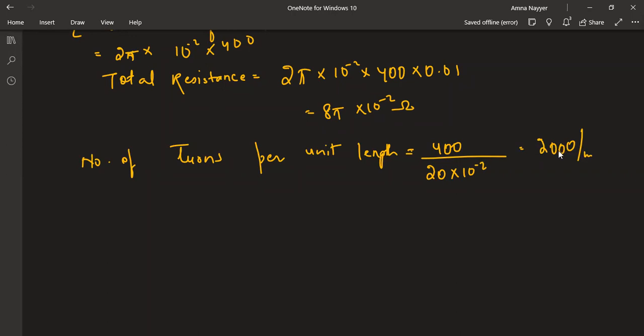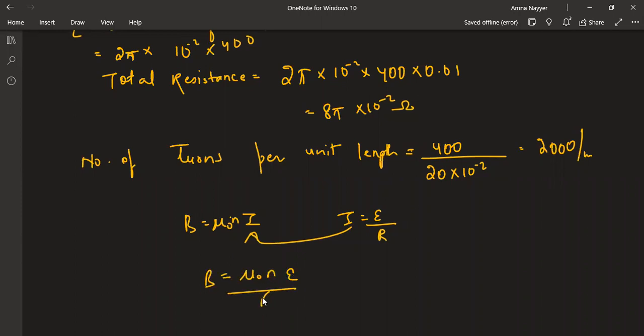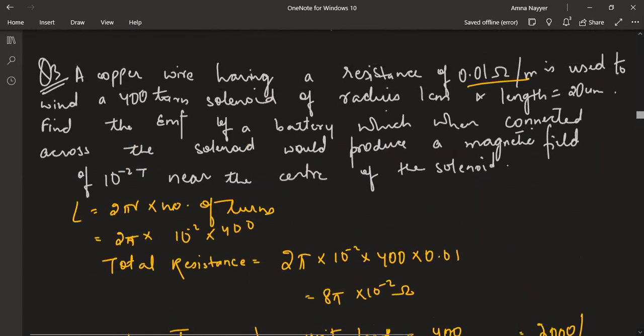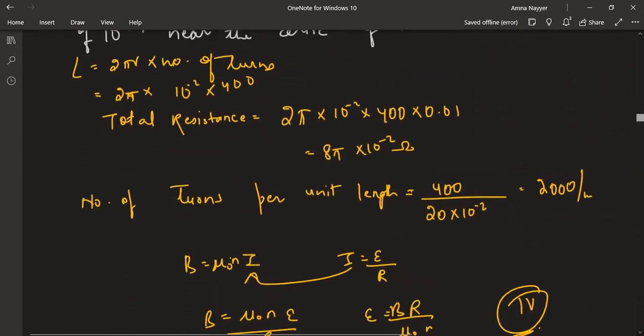Now you have the number of turns. So from B is equal to mu naught Ni, I can be written as EMF divided by resistance. Put it here. So B will be mu naught N e by R. From here, you can easily calculate EMF. That will be BR by mu naught, and the rest of the things you have with you. Put in the values, you should get your answer as 1 volt. Check it. Quickly note it down, then we'll start with Lorentz force.